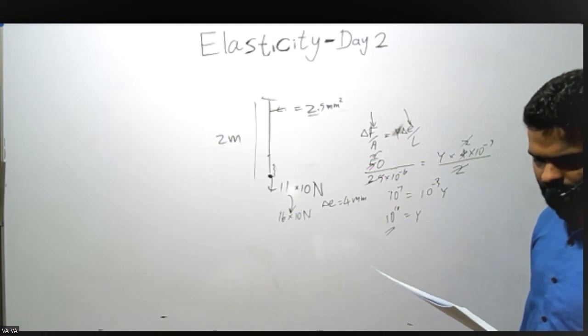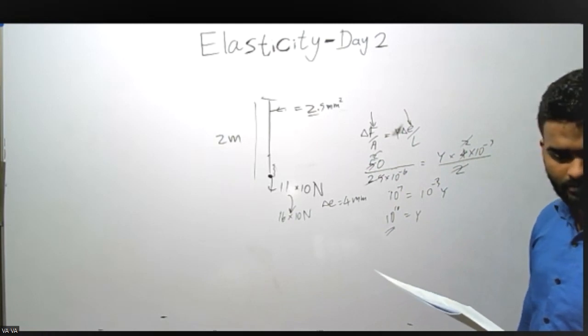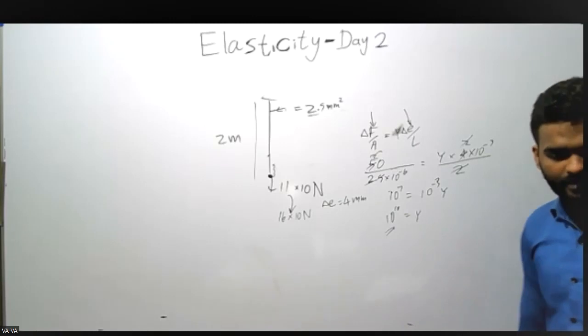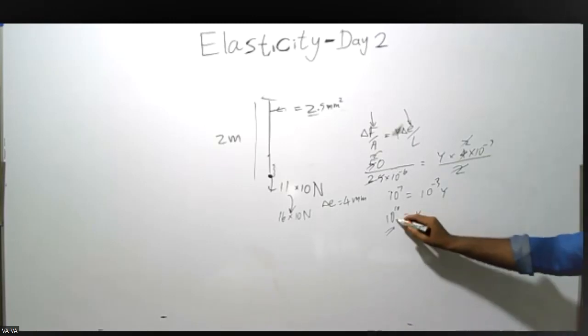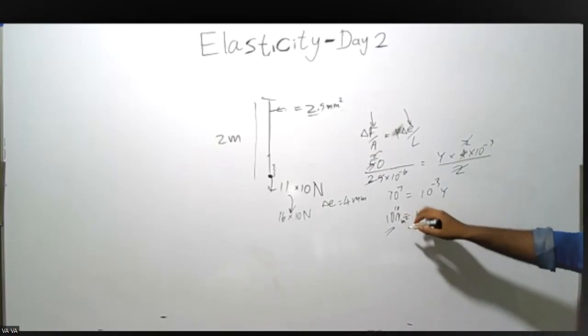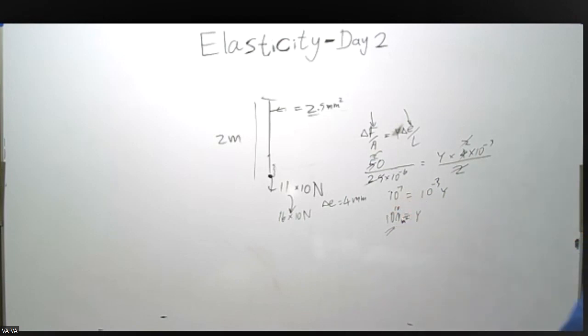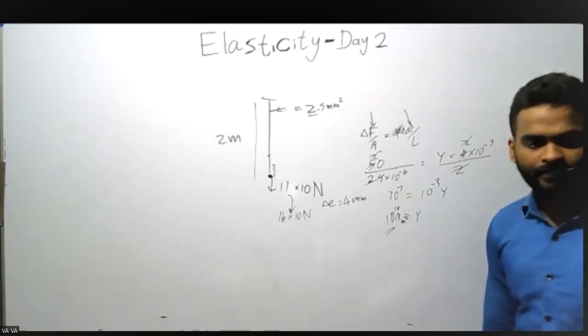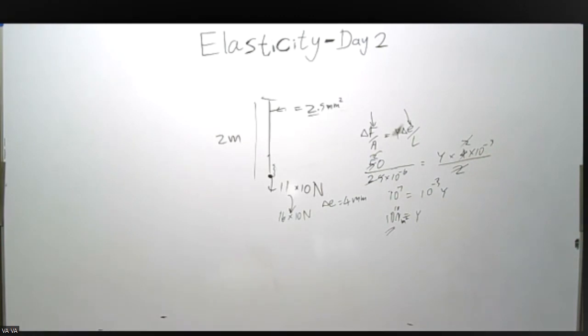Third one. Yeah, the answer should be third one, right? You have to put the units, 10 to the power 10 newtons per square meter. That's the Young's modulus. Okay.